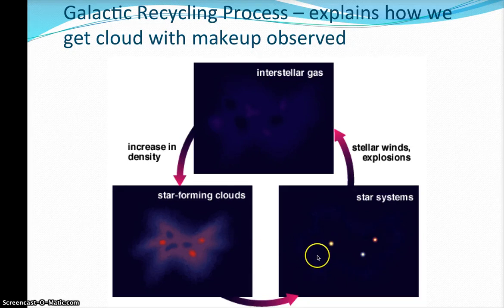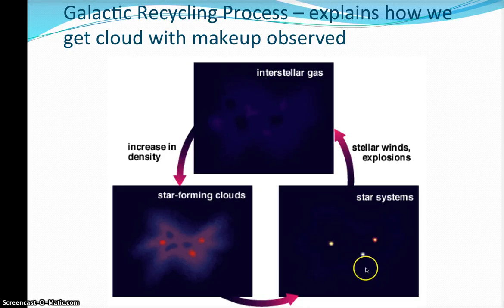Eventually stars go through a whole life cycle, and at the end of it, they either explode in a very spectacular way, or release their outer shells in a less spectacular way. And then that becomes the next cloud of interstellar gas.